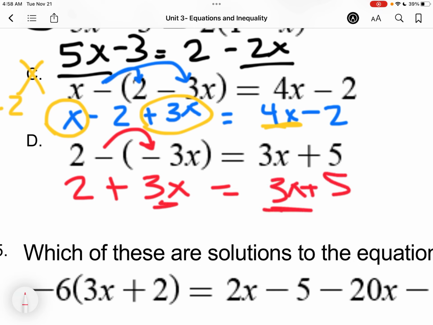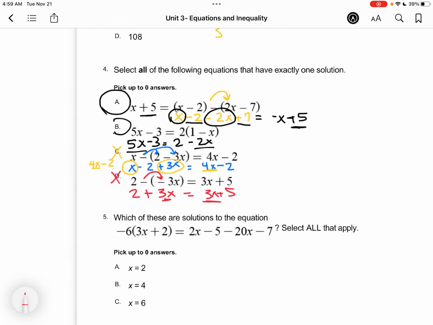This one, the coefficients are the same, the constants are different. So that tells me that there is no solution. So it should have been A and B.